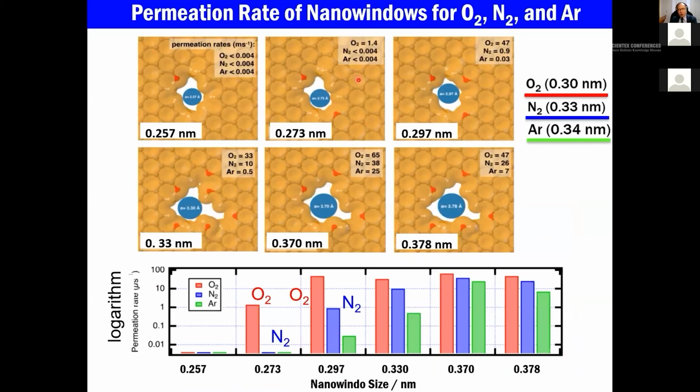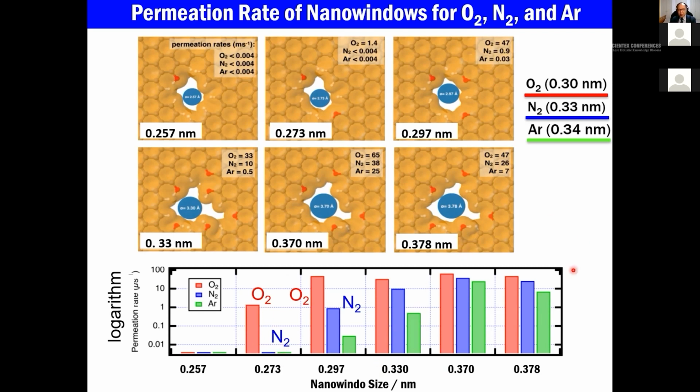Could you see these nano windows? Window size 0.273 nanometers is smaller than even the oxygen. However, we take into account the vibrational motions, then oxygen can permeate through very small nano windows. This is the result. Permeation of oxygen is much larger than nitrogen and argon.